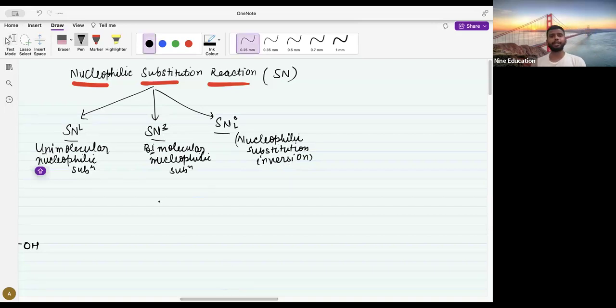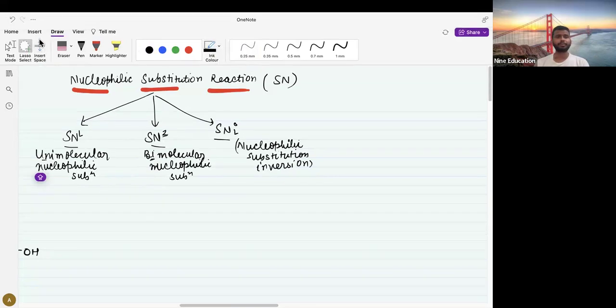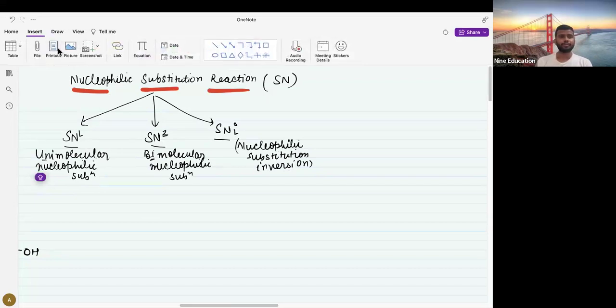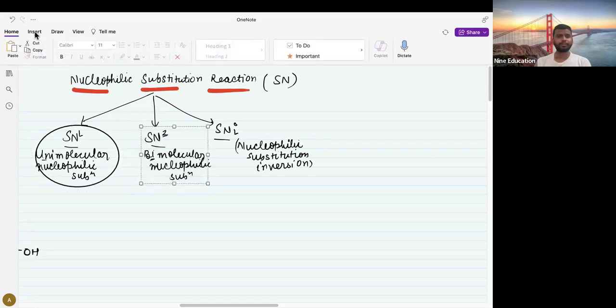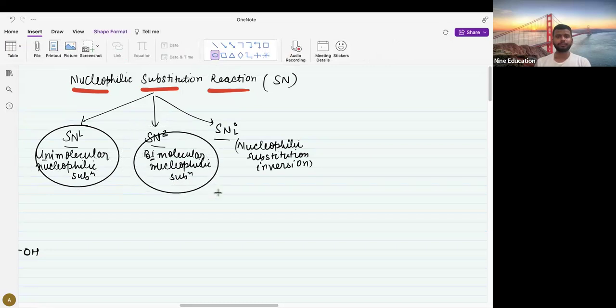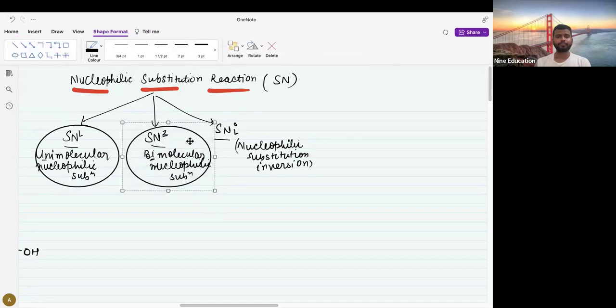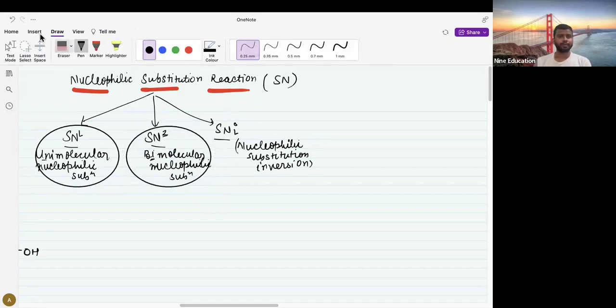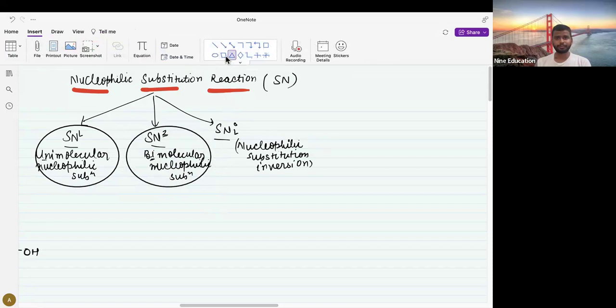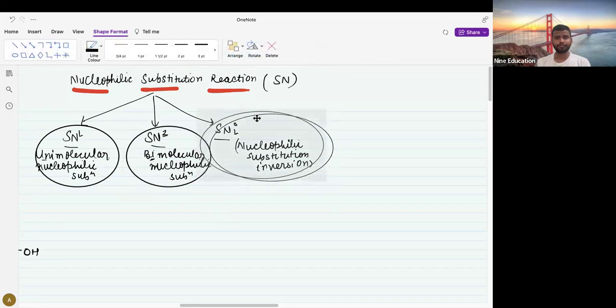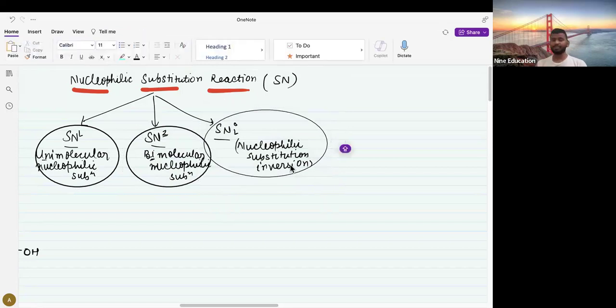So we will understand the reaction mechanism of this, how the reaction is occurring, कैसे हो रहा है, by these steps. चलें, one by one we will try to cover.